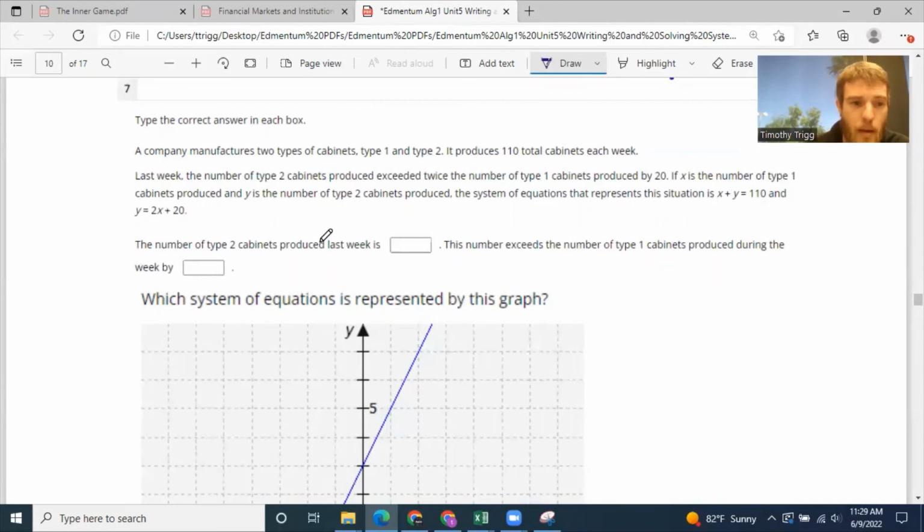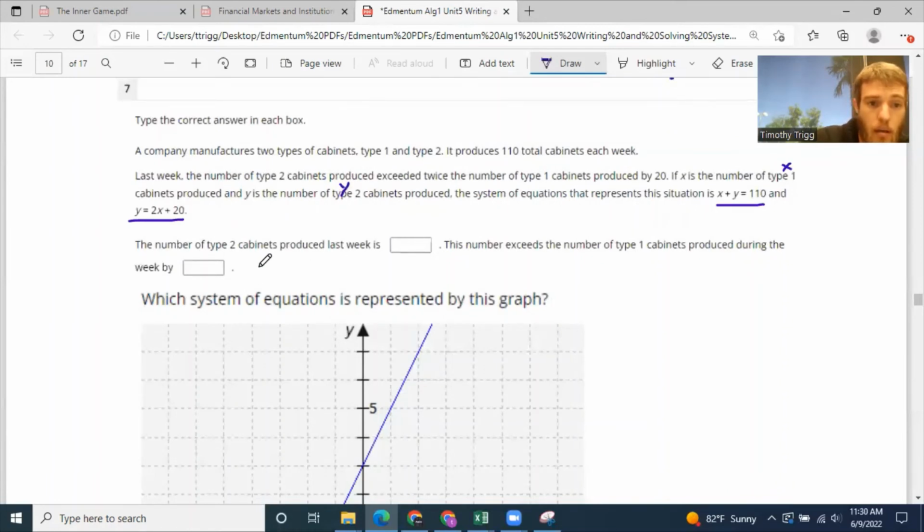If X is the number of type 1 cabinets produced and Y is the number of type 2 cabinets produced, the system of equations represents, okay, so they already gave us the system. X plus Y equals 110 and Y equals 2X plus 20, where X is the number of type 1 cabinets, and Y is the number of type 2 cabinets.